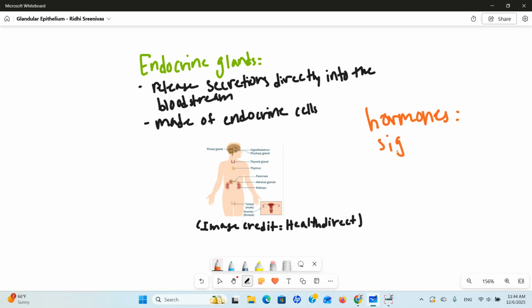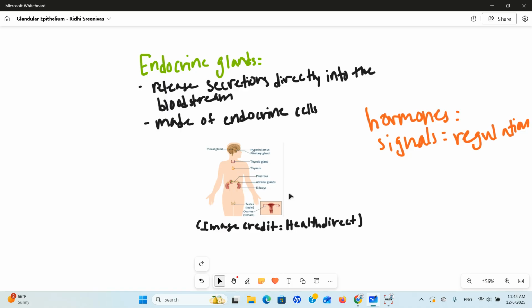They're basically chemical signals that trigger something to happen to overall regulate the functions of the tissues, organs, organ systems, and in total, the human body. So it's really going to help with regulation. We're going to discuss a lot more about this when we move into the endocrine system. But endocrine glands are composed of endocrine cells. Pretty straightforward, I think.